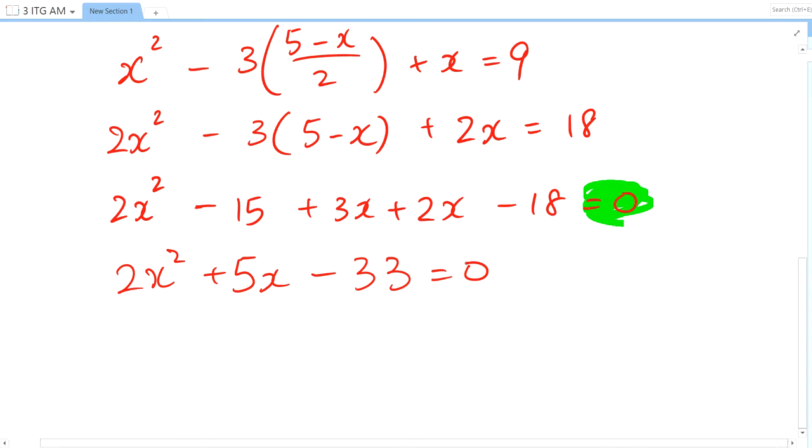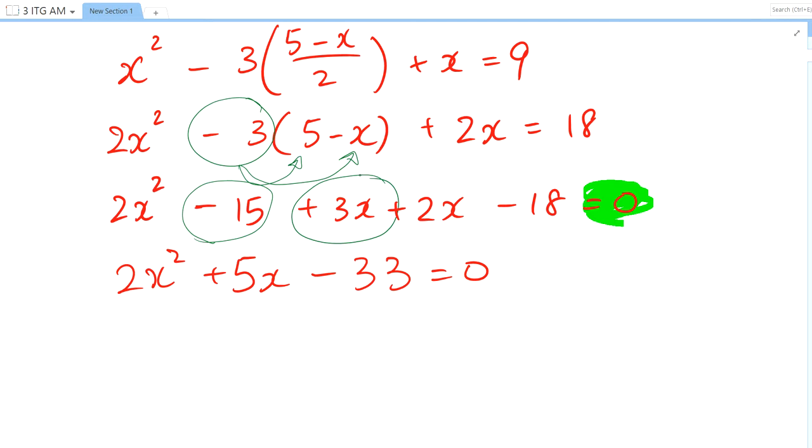Three times 5 minus x, why? You mean this 3 over here? I multiply by 5 to get negative 15. Then I multiply by negative x to get 3x. Why I don't need to multiply by 2?